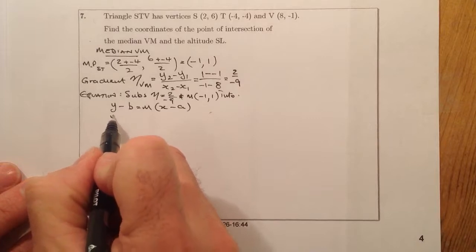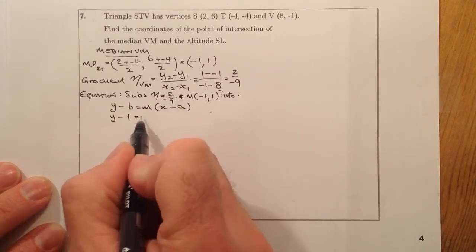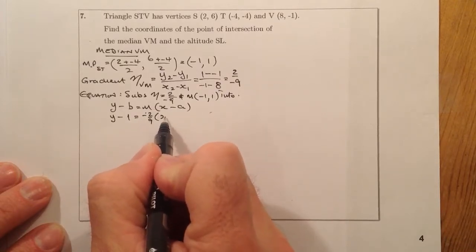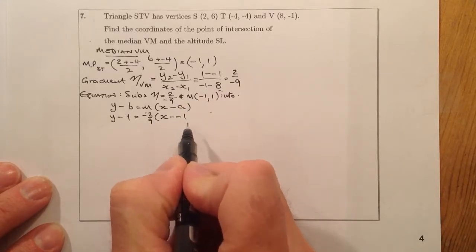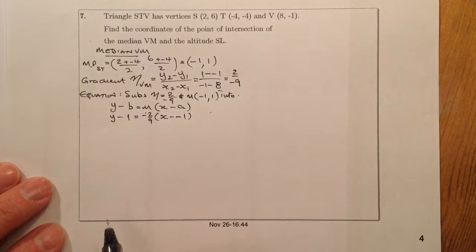So I'll have y minus the 1 that's there, equal to the gradient, which is -2 over 9, times x minus, and I've got a -1 sitting there. That will make a +1 when I gather that up together.